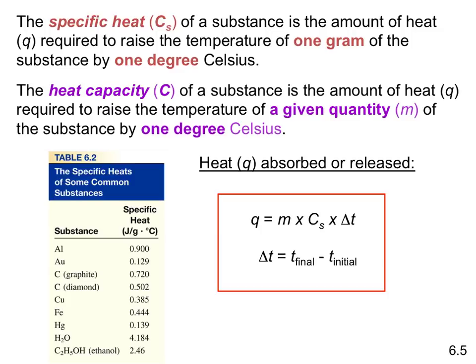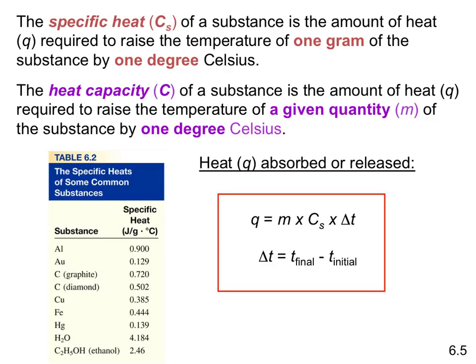Okay, so if I have 1 gram of aluminum and 1 gram of iron, it's going to take 0.9 joules of heat energy to change that 1 gram of aluminum by 1 degree Celsius, compared to the iron only needing 0.444 joules to exhibit that same change. Okay, so specific heat capacities are going to be specific for both the type of substance and obviously the quantities present.